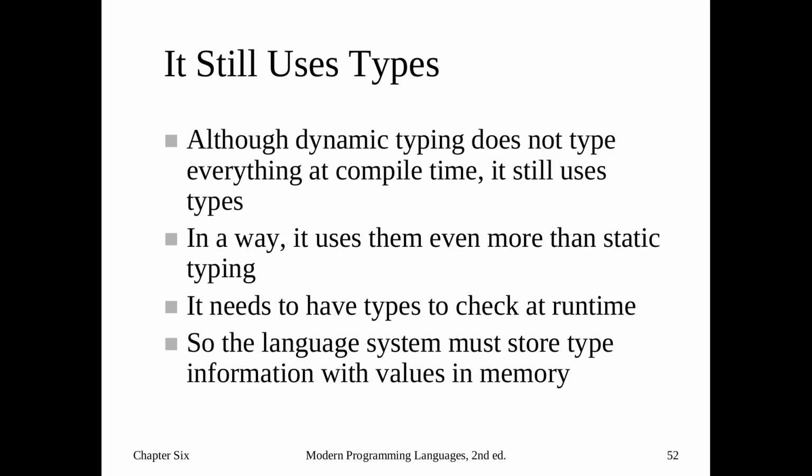But interestingly enough, it still uses types. Although dynamic typing does not type everything at compile time, it still uses types. For example, in Ruby, I'm going to go back to Ruby a lot about this. In Ruby, if we're writing code, we will not know the value of the variables. We can infer the type by thinking about what is there, but in reality it won't actually know that type, and it uses this concept called duck typing, which is their notion for type inference as well as dynamic typing.